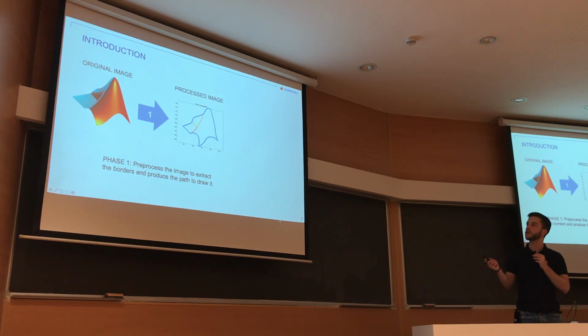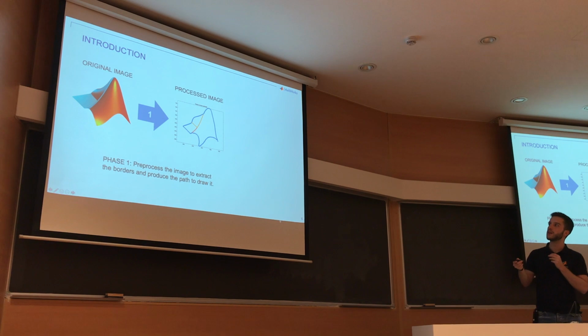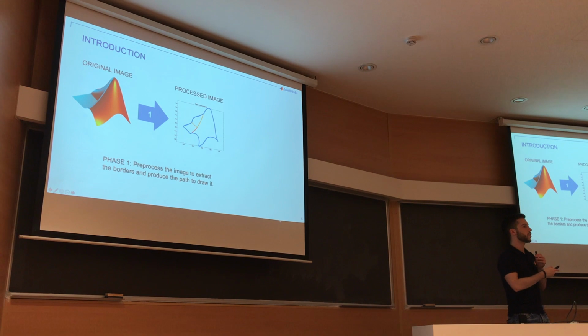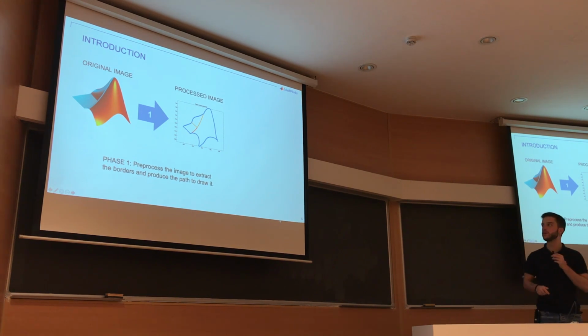So what we can obtain is something like this. As you can see, there is the principal border of our image, but also some internal borders, like this one, this, and this. So we simplify the image in order to obtain a path that our robot will perform in order to obtain the final image.